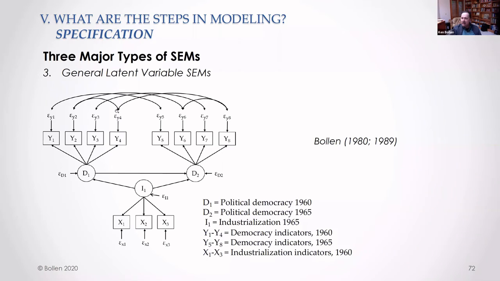So I'm trying to allow for errors being correlated because the rating comes from the same judge. The other measures come from different judges, and that's why I didn't correlate them. Y6 and Y8 are also correlated for that same reason. That's the same judge who did Y6 and Y8. I don't want my analysis to be distorted by any biases that this judge might have had when he did these ratings. I want to control for that.